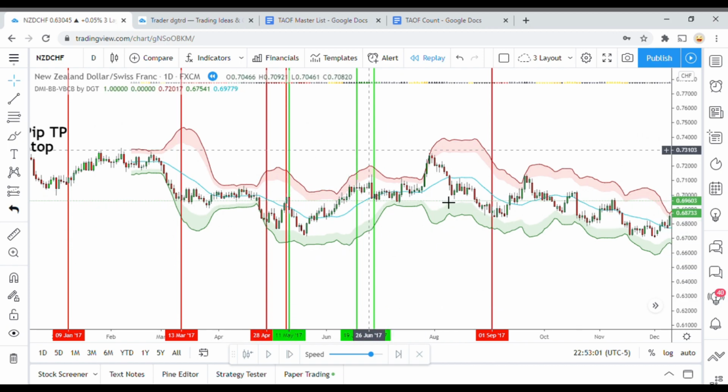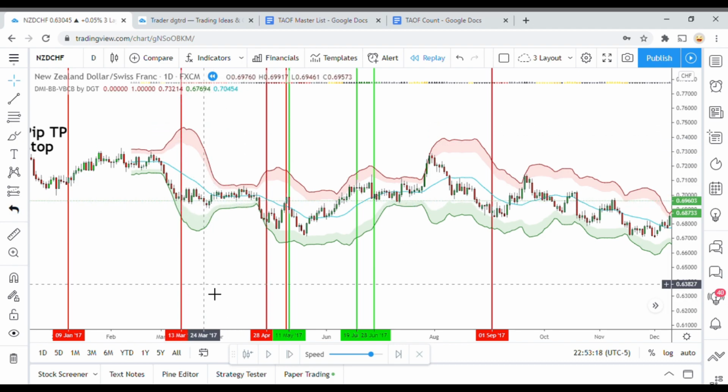So this could, in theory, be used on top of a trading system to kind of filter out or look for those areas where your system might be getting you in at a point that is very likely to have a strong pullback.